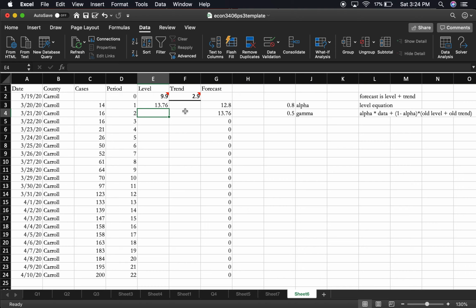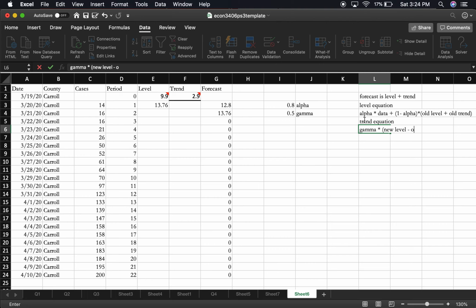That's the level. Now the trend. Trend equation: I take gamma times the change in level, new level minus old level, plus 1 minus gamma times the old trend.